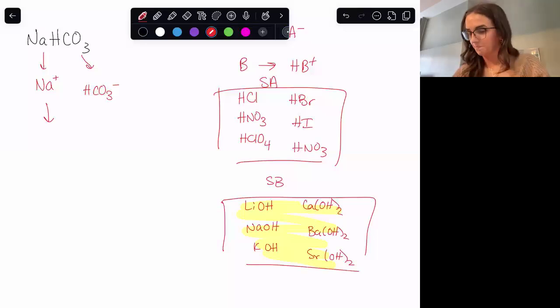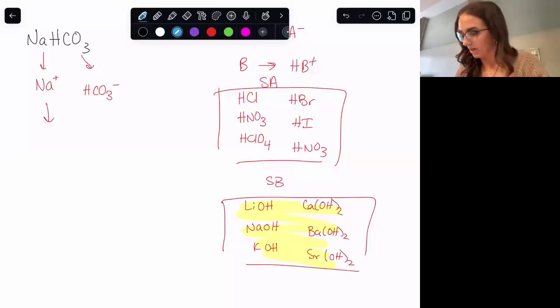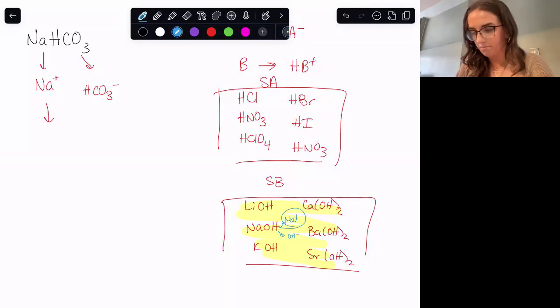Yep, that counts. Because if we were to break apart sodium hydroxide, it's going to break apart into sodium plus and OH minus. So that sodium plus here matches the sodium plus here. So it came from this sodium hydroxide base. That's where that Na plus ion came from.